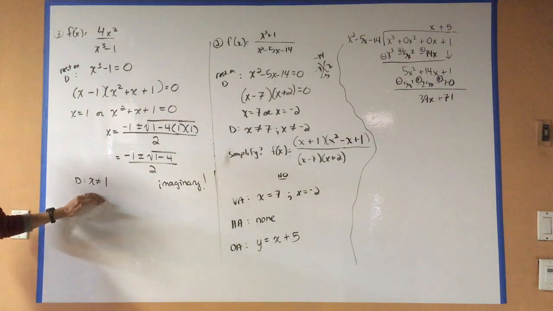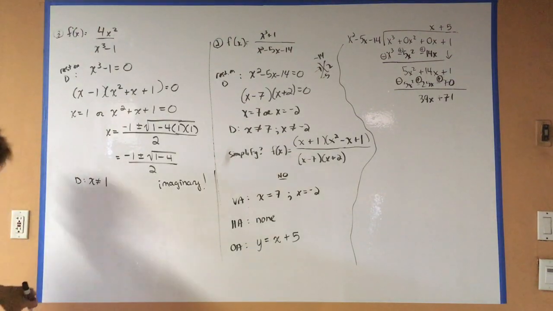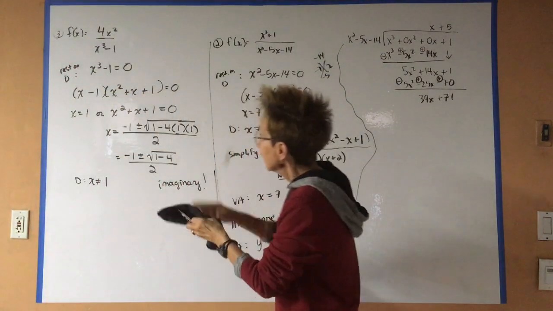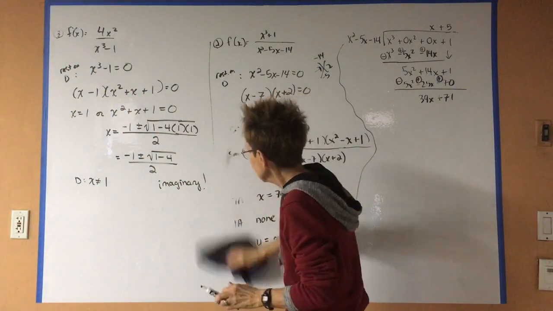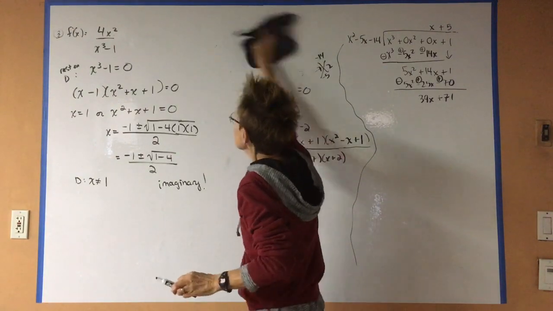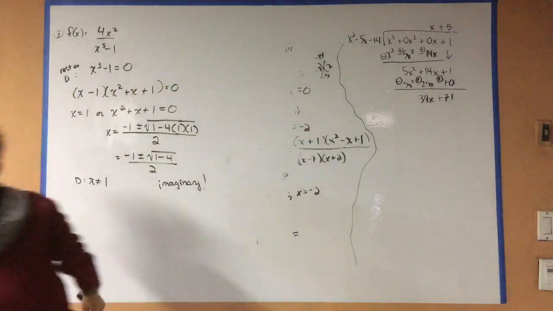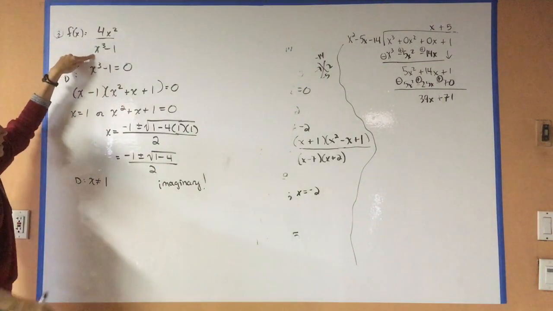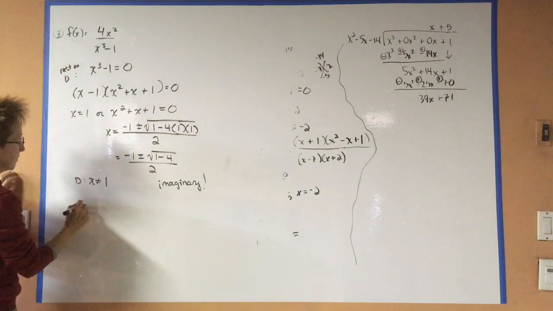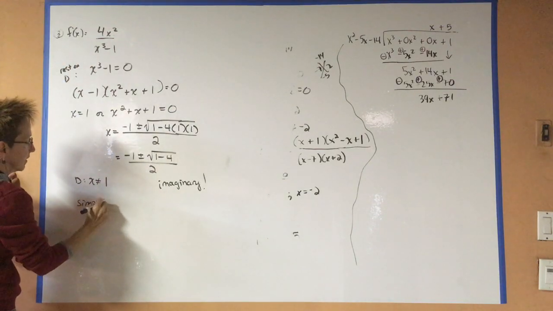Is that my vertical asymptote? I don't know yet until I decide if I can simplify this messy guy here. But think about this. I probably don't even need to erase this. We were able to factor this into x minus 1 times x squared plus x plus 1, right? So I'll go ahead and write it down.